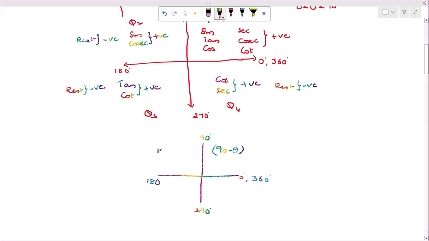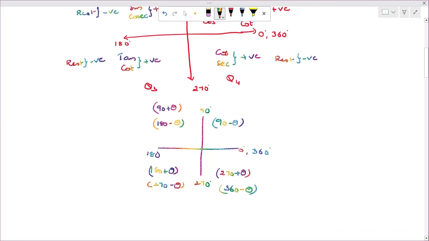And here 180 minus theta, 180 below. And here 180 above. Or else we can write 90 plus theta also. Here 270 minus theta also we can write. Now here 270 plus theta or else 360 minus theta. Again one more revolution means again 360 plus theta, again it will go like this.